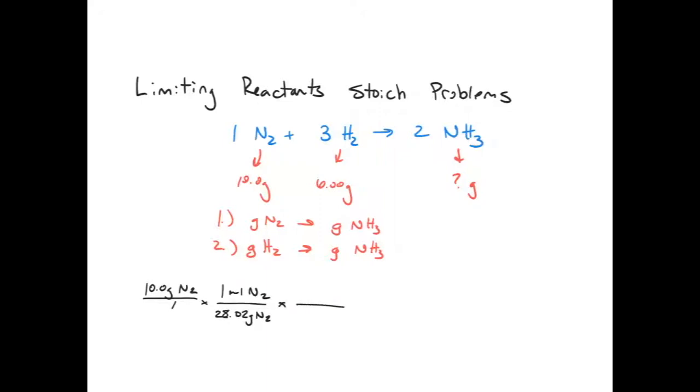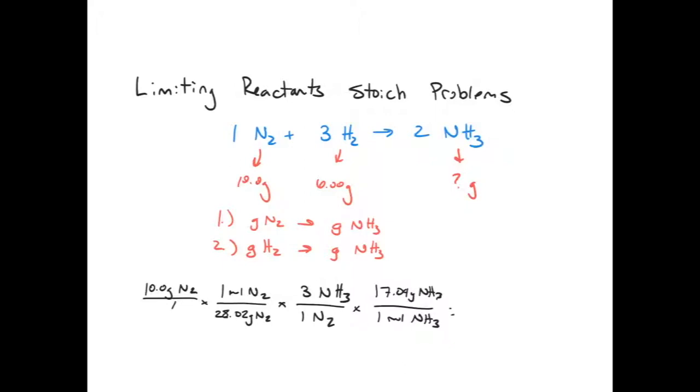Now the mole to mole step, which is going to grab the coefficient from N2 out in front, and I'm going to also grab the mole for NH3, which is 2, which is out in front. So 1 mole of N2 for every 3 moles of NH3. And finally, I'm going to go from 1 mole of NH3 is equal to 17.04 grams of NH3.